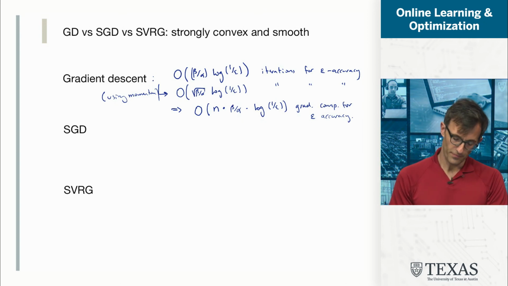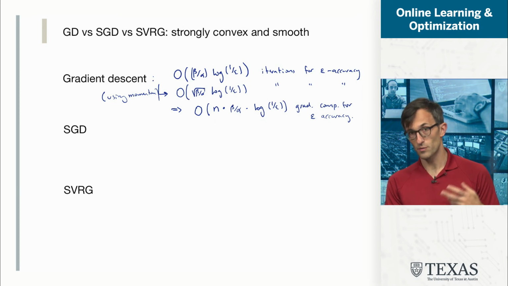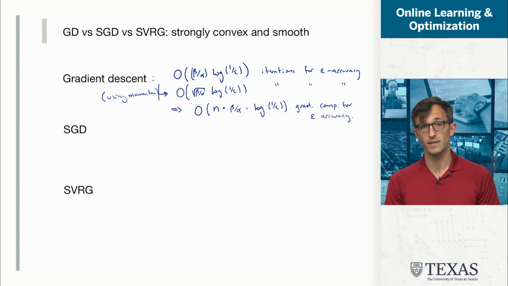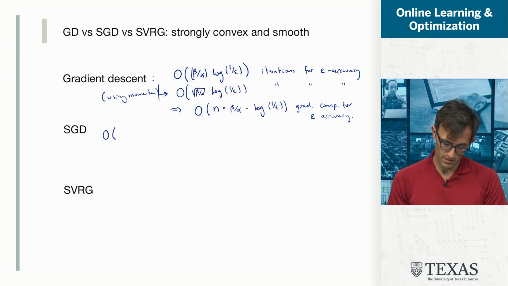What about SGD? SGD, as we had said, and really what motivated our efforts to try to control the variance, cannot take advantage of smoothness. It has to take a small step size. However, as we said in a previous lecture, it can take advantage of strong convexity. So for an alpha strongly convex function, stochastic gradient descent needs order 1 over alpha epsilon iterations for epsilon accuracy.